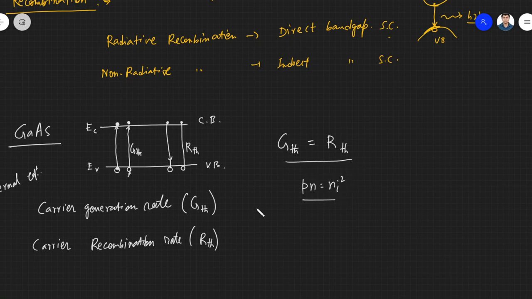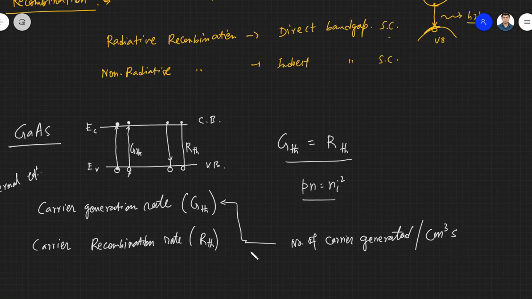So the carrier generation rate, let's define this parameter. How do you define it? Obviously it is carriers generated per unit volume per second, right? So we'll write it down so we don't forget. Generation rate is the number of carriers generated per unit volume, so we'll put per centimeter cubed, and per second.